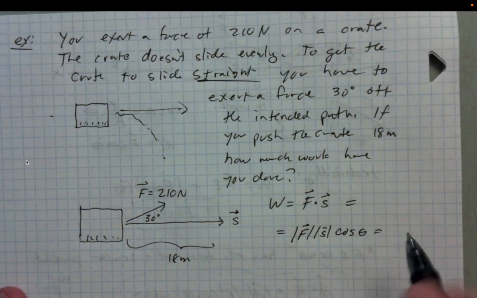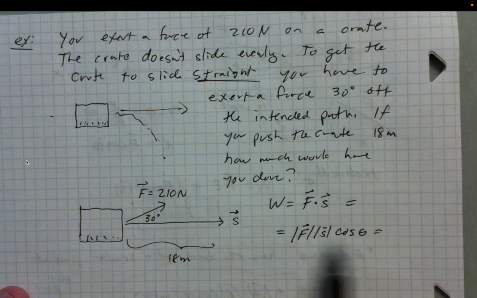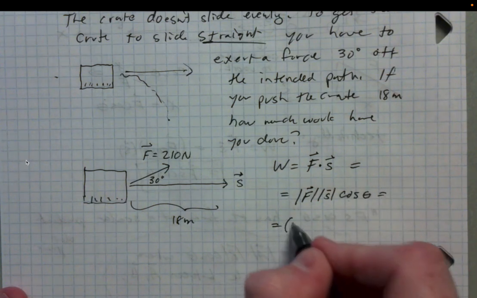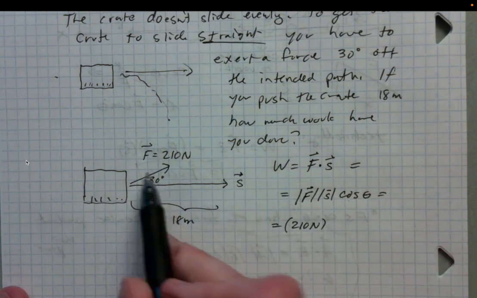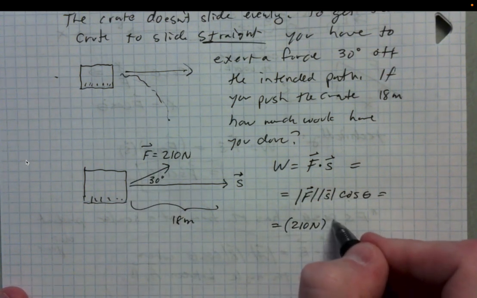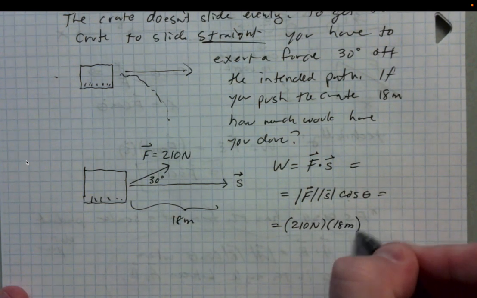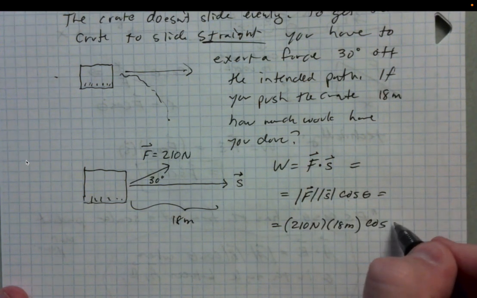Since we're given this information, this is the more straightforward approach in this example. So it's 210 newtons, the magnitude of the force vector, and the magnitude of the displacement is just 18 meters, and the cosine of 30 degrees.